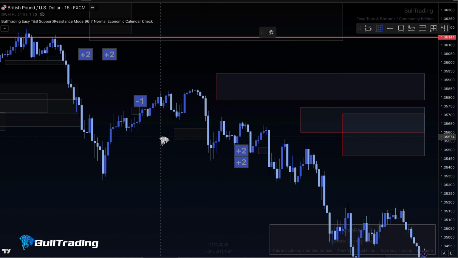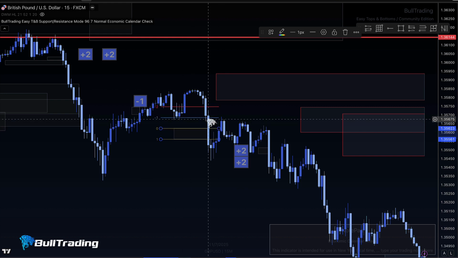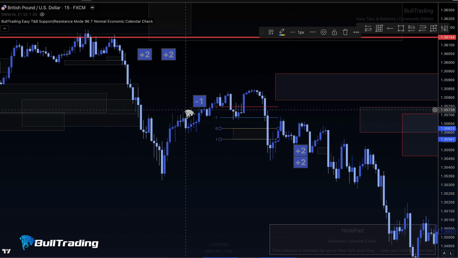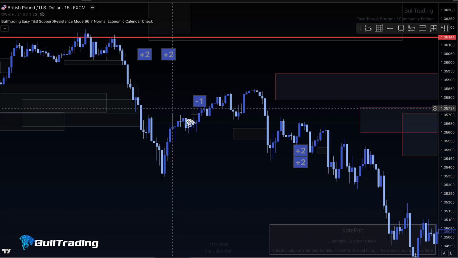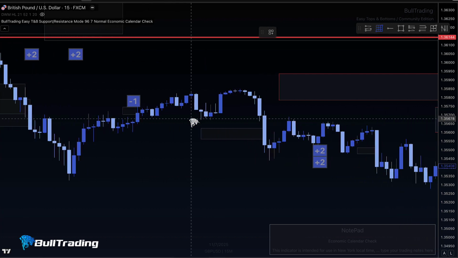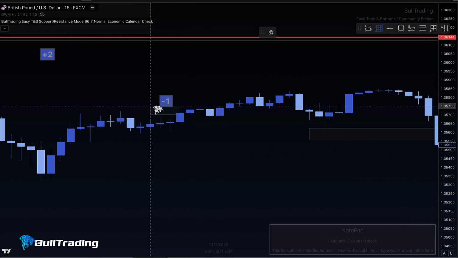We have another short here, you see, this was a support, broken, short here, another 2. Here was a -1. Why? Because it was a resistance and then was support. Okay, it got broken.